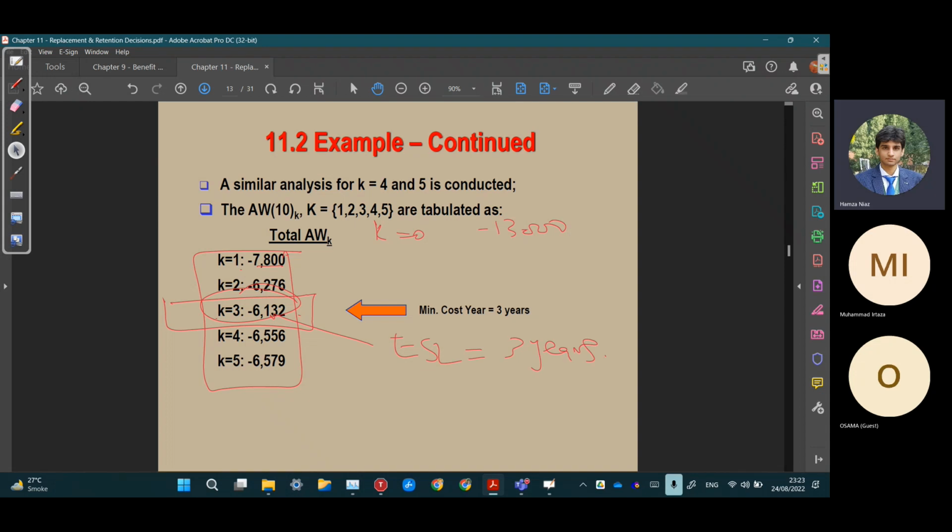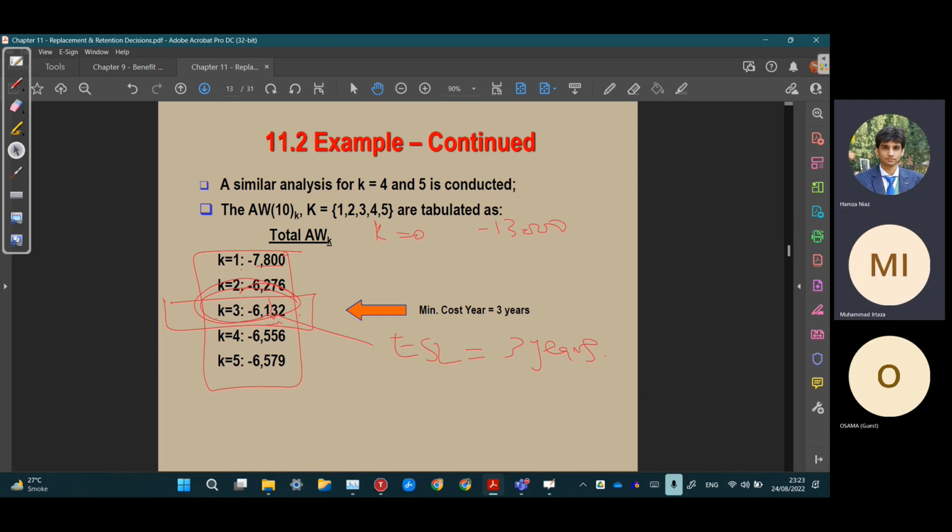Fine. The economic service life is not actually a cost. It's actually the number of years at which the cost of our asset will be minimum. So we can sell that asset in that year. So if we retain the asset for 3 years and then sell it, we would get maximum benefit for that product.